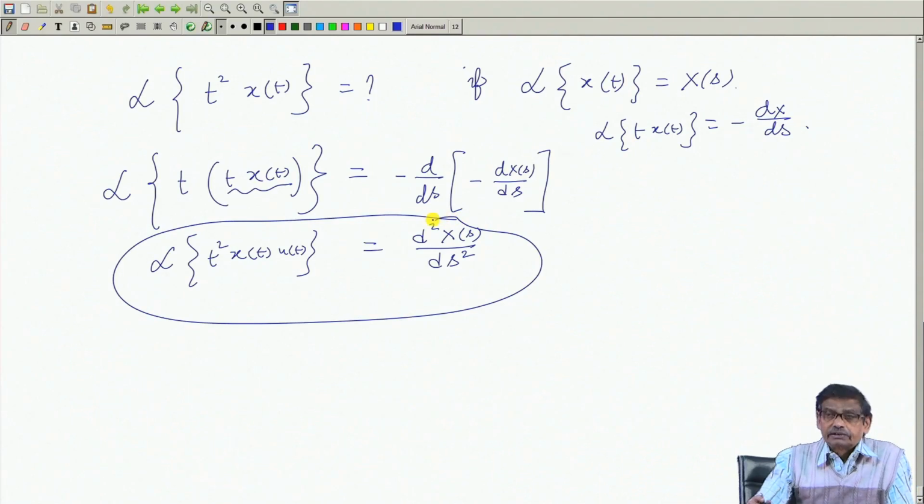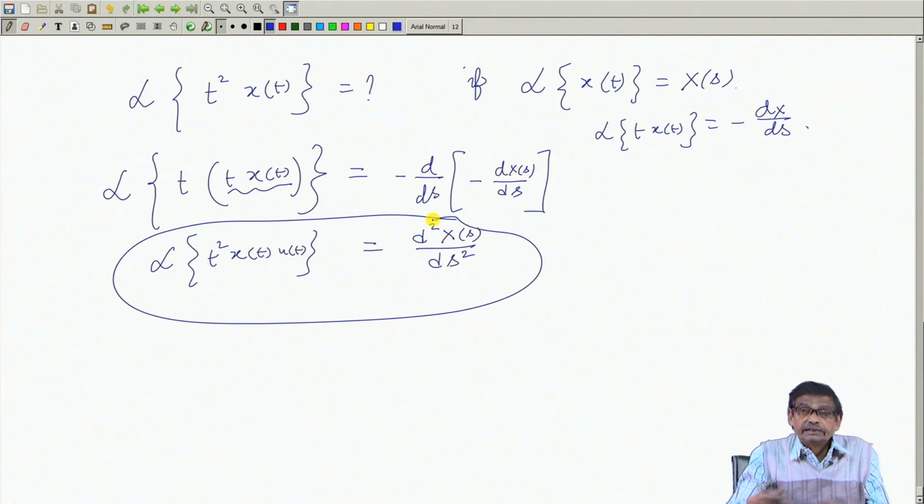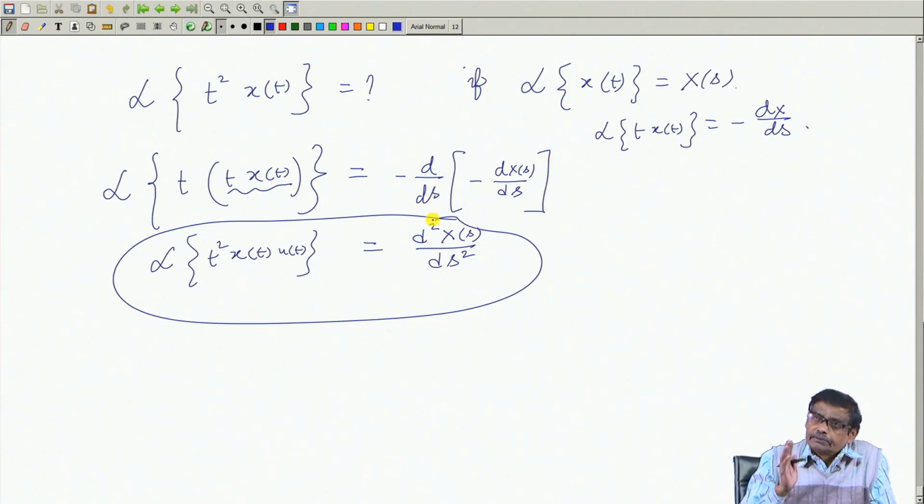Anyway, I stop here today, and the next class will be very interesting. We will be applying whatever we have learned to solve network problems, and there we will see the Laplace transform method. If we adopt it, it does several things. It will essentially convert the differential equations into algebraic equations, and also the initial conditions will be automatically inherent in the Laplace transform expression.